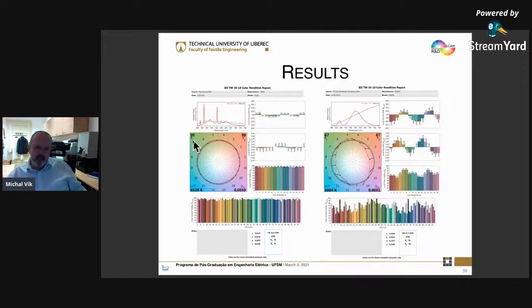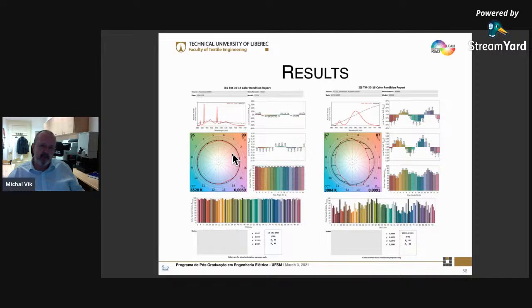You can see Fidelity and Gamut Index, but also information about correlated color temperature and the distance from the reference light source.